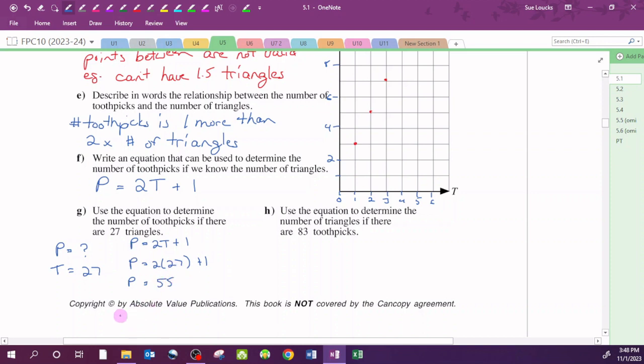And then my answer is going to be 55 triangles. Oops, sorry, that should be toothpicks, not triangles. Toothpicks. This is a word problem, so this does require a word answer. I don't need a sentence answer, though. I just need a number and a word or 2 words or whatever makes sense. Okay. All right.